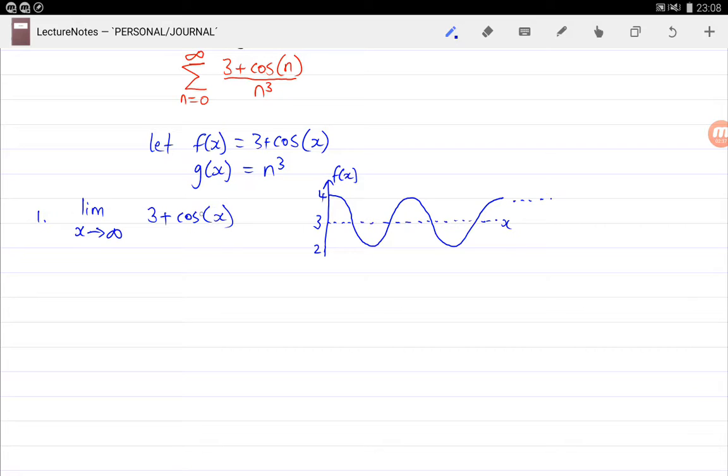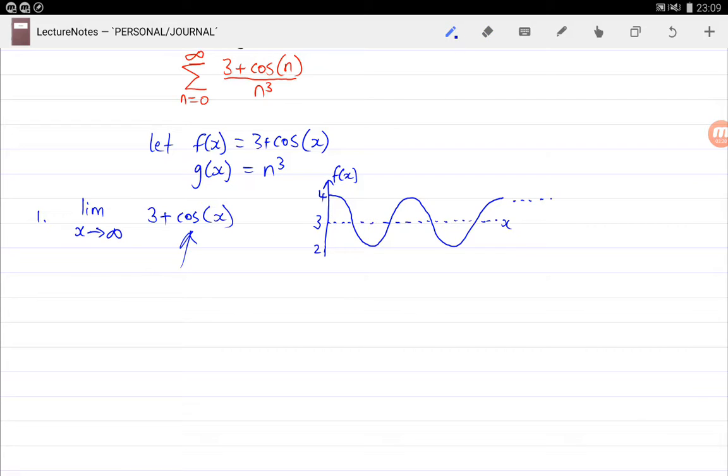But the cos function on its own, the max is equal to positive 1, and the minimum is equal to negative 1, and that explains why we have this shape and the values we have for the maximums and minimums. So the maximum for f of x is easy to see, it's going to be plus 1 plus 3, which is equal to 4, which is over there.